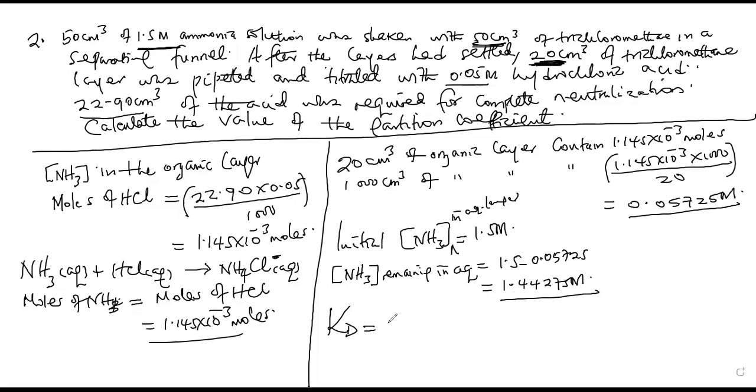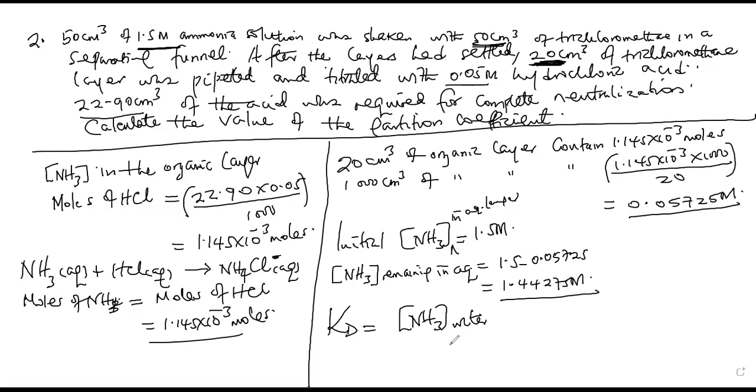But they want us to calculate Kd. And you know that your Kd is the concentration of ammonia in water, because they said to calculate the value of the partition coefficient, but it was an ammonia solution shaken with the trichloromethane.